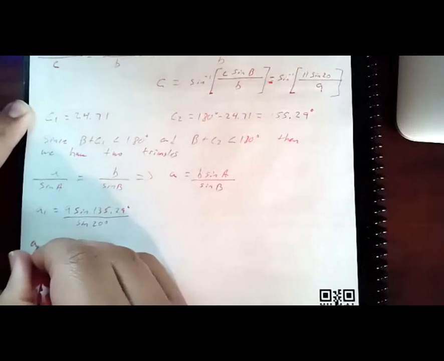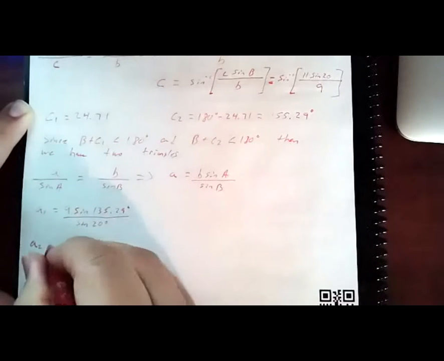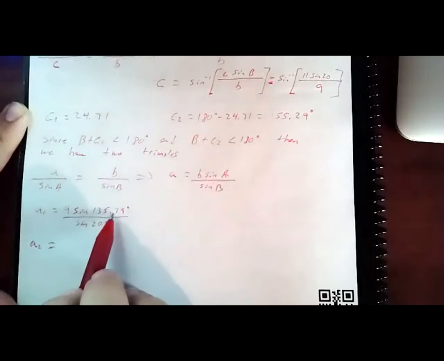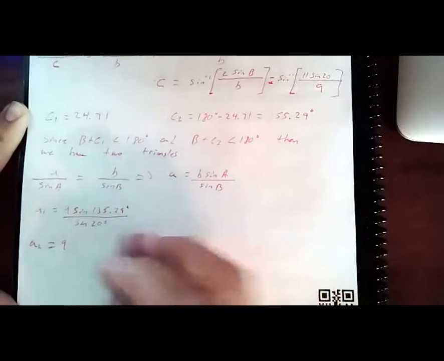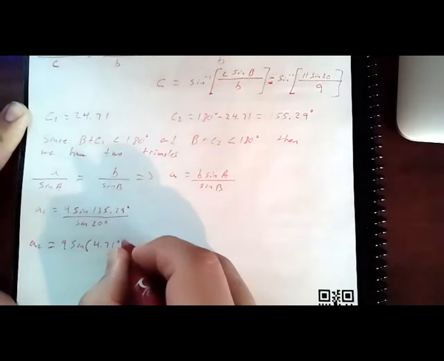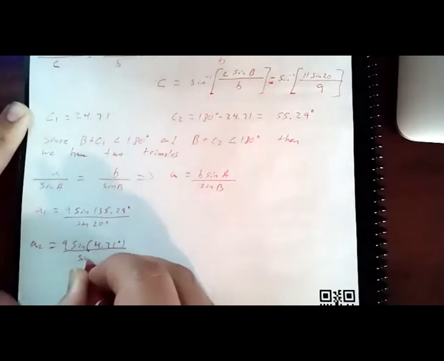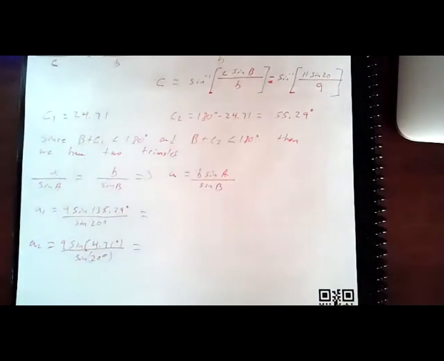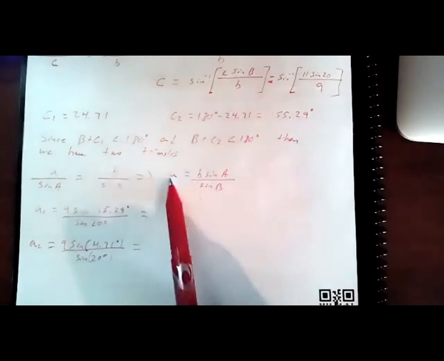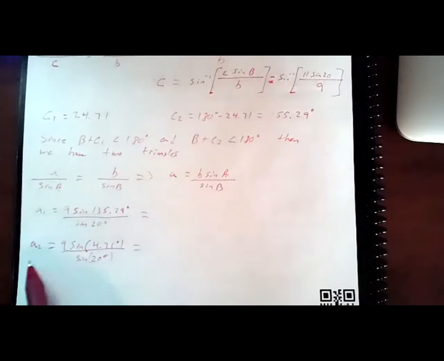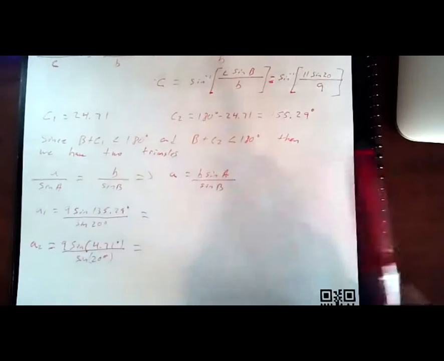My pen died. a2 will simply be the same deal, but you change this A to be 9 sine of 4.71 over sine 20. Does that make sense, why I did that? Because we're using this formula, little a is determined by capital A. So a1 is determined by capital A1, and a2 will be determined by capital A2. That's what we did. Everything else would be the same because I'm using the B's.